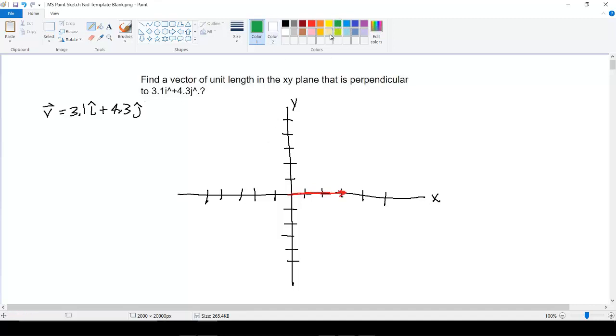And similarly, if we take 4.3 times the j, that was 1 unit long, so it will be 4.3 units in the y direction.